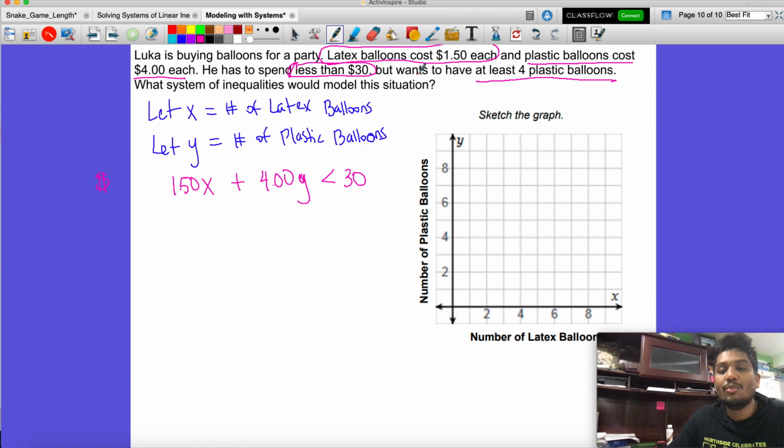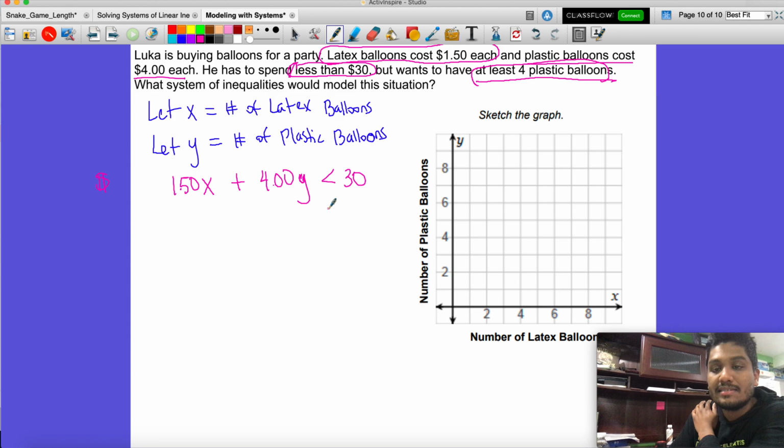Then he says he wants to have at least 4 plastic balloons. Very important here, and this is the hard part, is that you have to identify what is being asked. When it says less than 30, that is the amount of money made up between buying both balloons. In this one, it's only talking about one fact, and that fact is that he needs to have at least 4 plastic balloons.